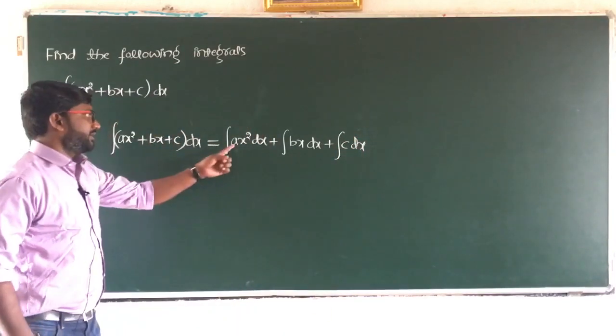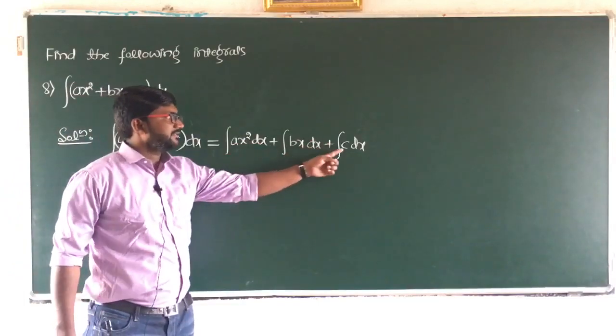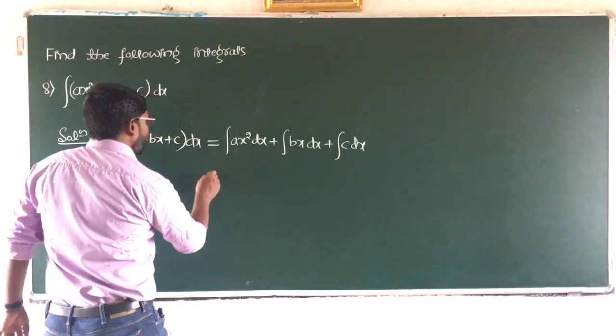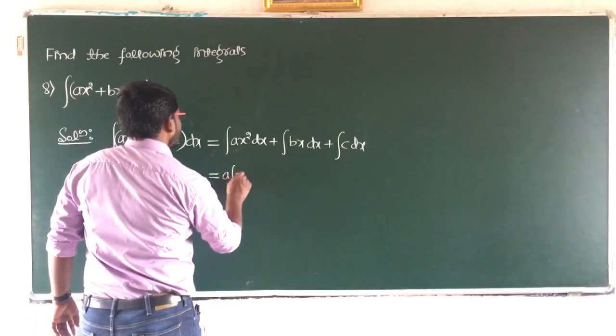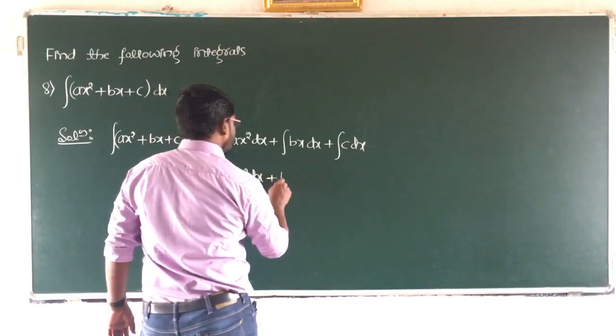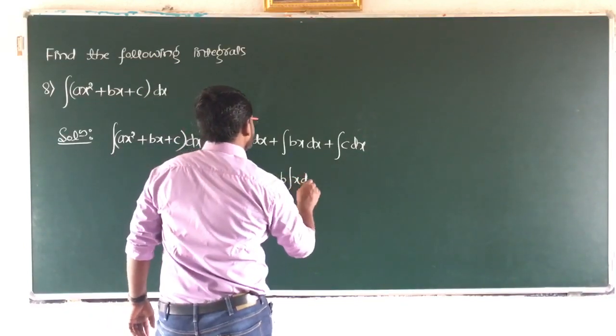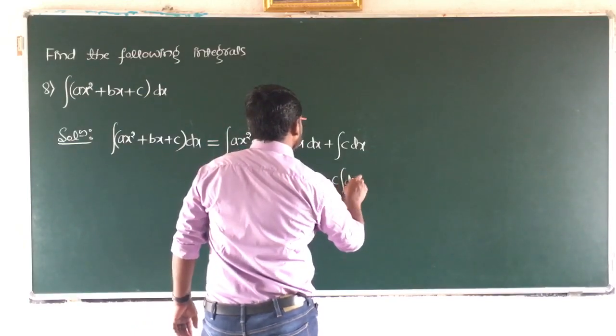Now here a is a constant, in the second integral b is a constant, in the third integral c is a constant. So I write a outside, then it becomes integral x square dx, plus b outside integral x dx, plus c outside integral dx.